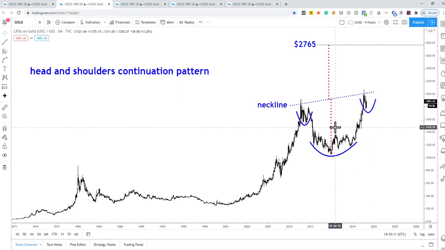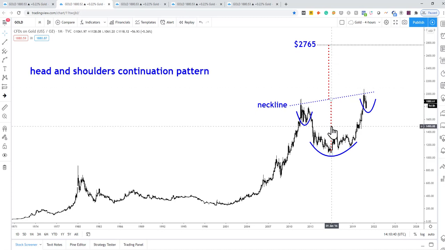So what we do for price prediction with the head and shoulders is take the maximum height of that pattern from the neckline. Even if the neckline is sloped, as it is in this case, we want a vertical line at the highest point, the maximum distance from the head to the neckline. And that's what we've got here.